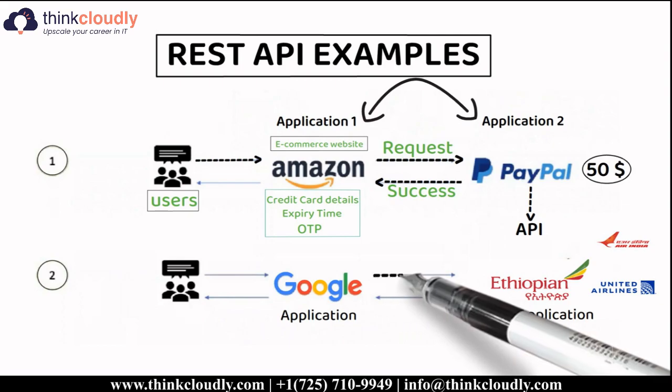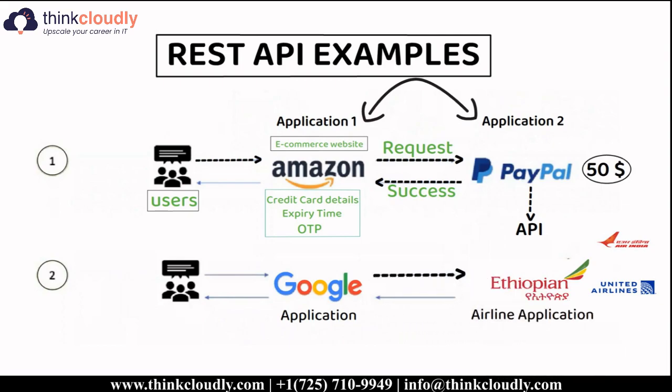So Google will communicate that Naman is trying to book a flight from London to Paris at this time, and here's the booking details. So there is a communication between application to application so that flight tickets can be booked. And how is it possible?